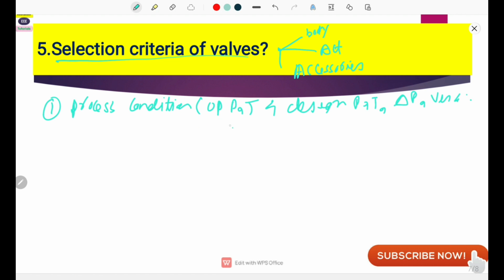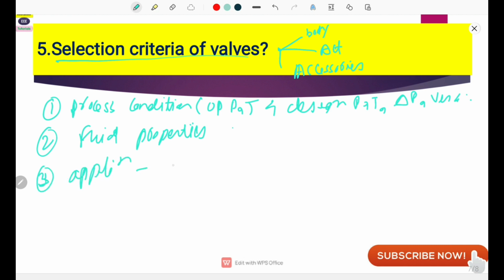And second point is your fluid properties, your fluid properties which will flow through these valves. Third one is your application, means what do you want, throttling or on off.